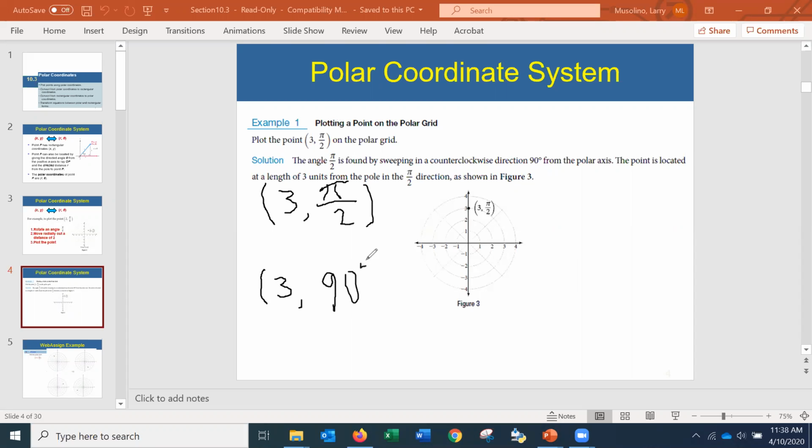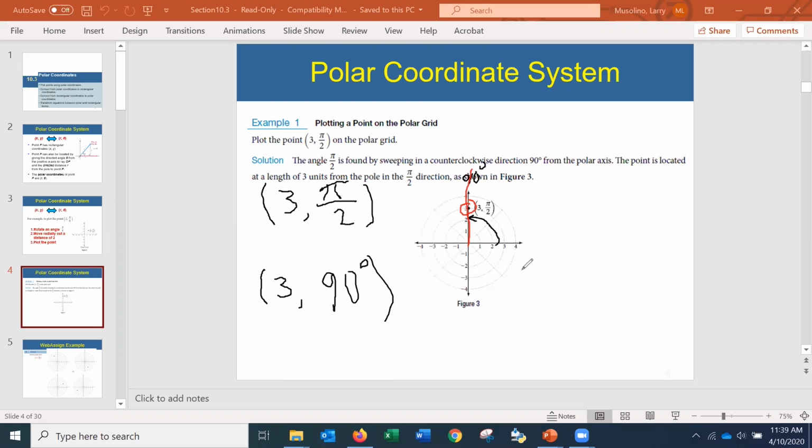Step 1 is rotate 90 degrees. Of course, this angle here is 90 degrees. And then walk out a distance of 3. That's going to put me right here at this black dot. So that's the point 3 comma pi over 2.